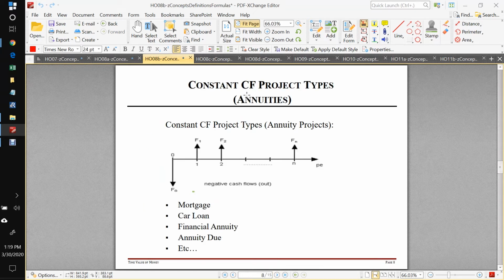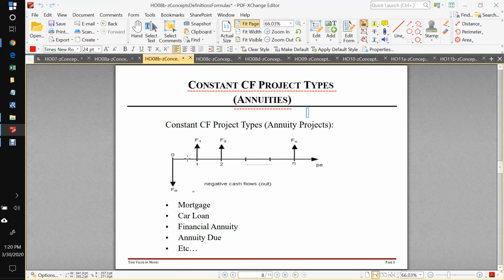Then we spent a lot of time looking at constant cash flow project types, which are also called annuity projects. That means the exact same thing: an annuity project is just a constant cash flow type of project. What do we mean by that? We mean that there's going to be a blob of money going out, in this case from a lender's perspective at t equals 0.